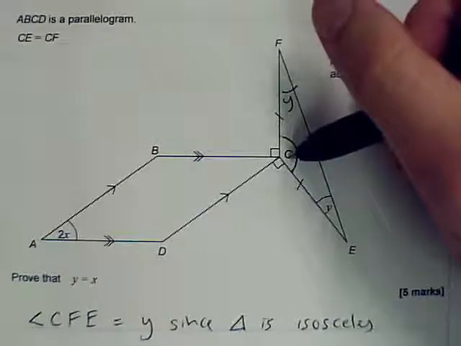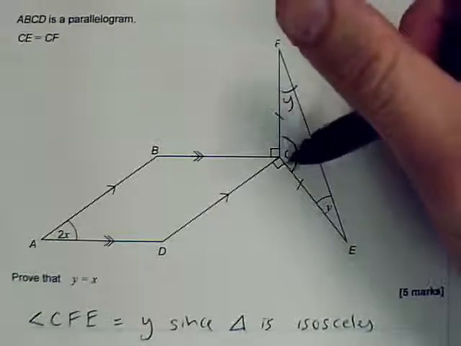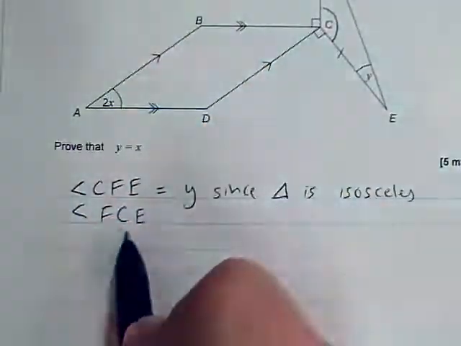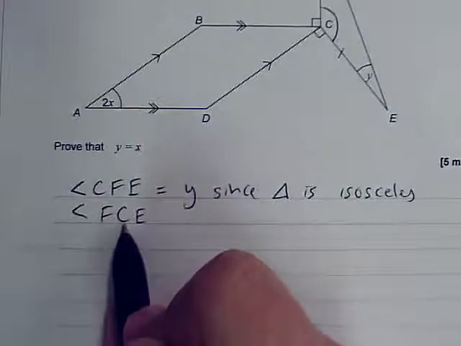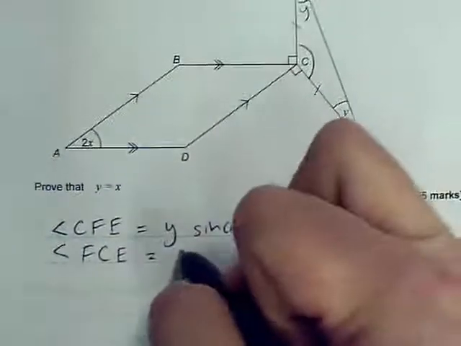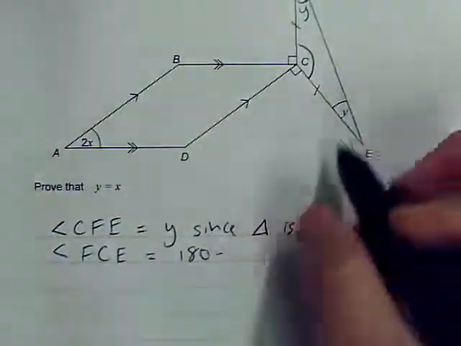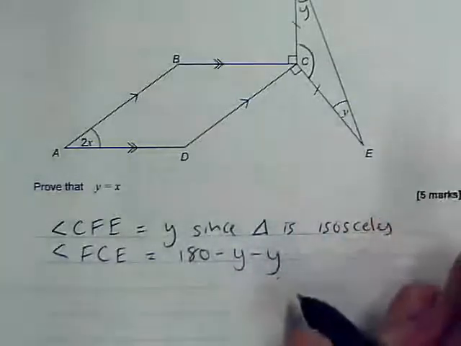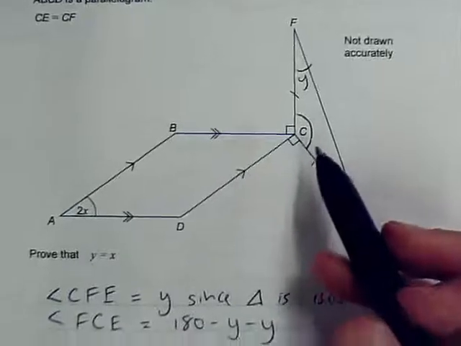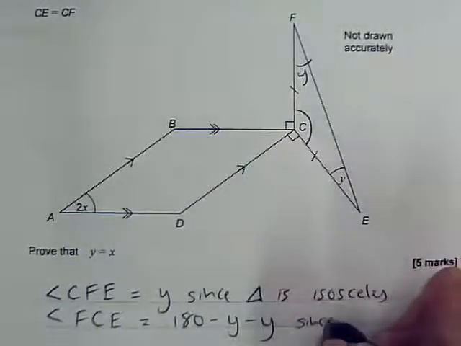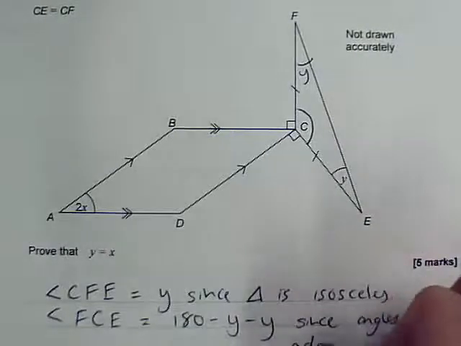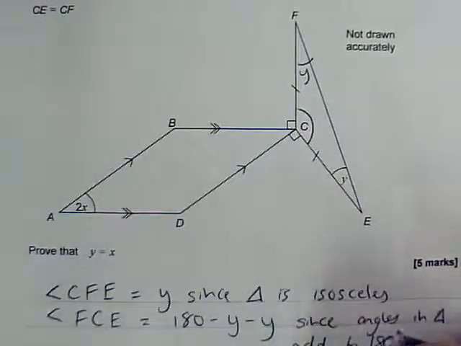So I'm going to say that angle C, and the two lines that make up angle C are F and E, so I'm going to say angle FCE, so again where the angle is, that's the letter in the middle, that equals 180 minus y, since the angles in a triangle add to 180 degrees.